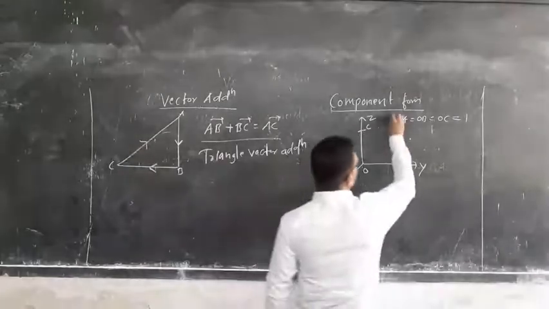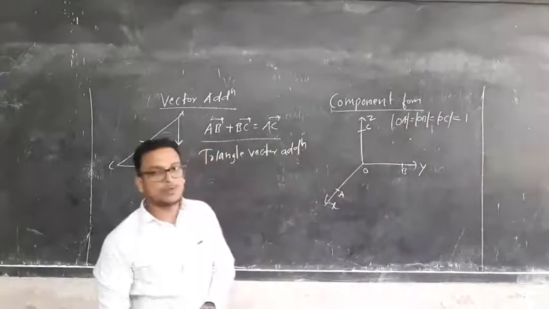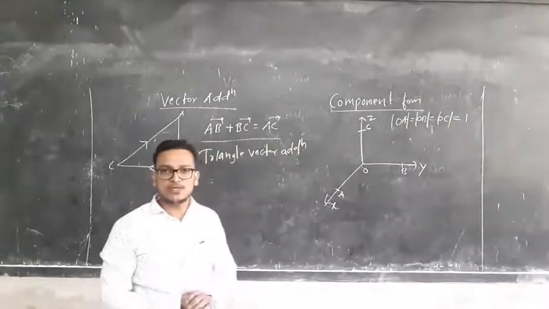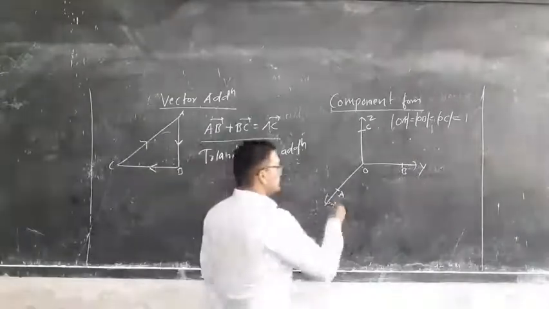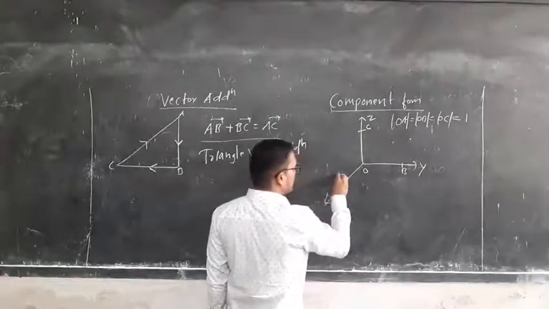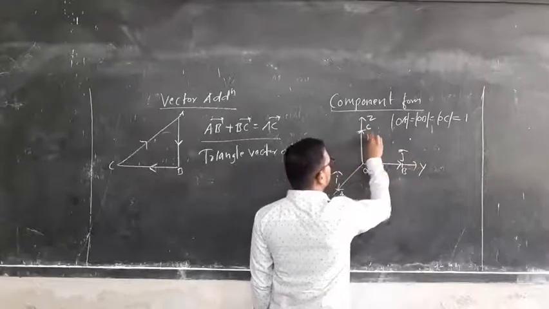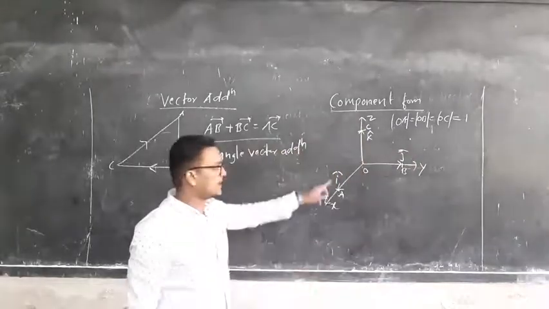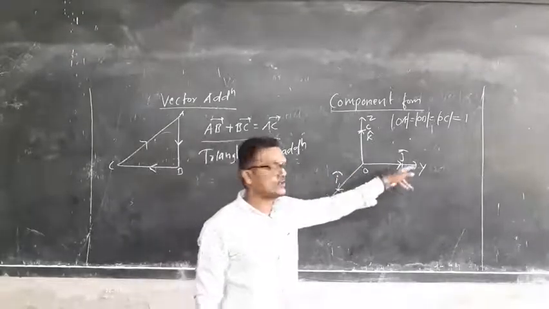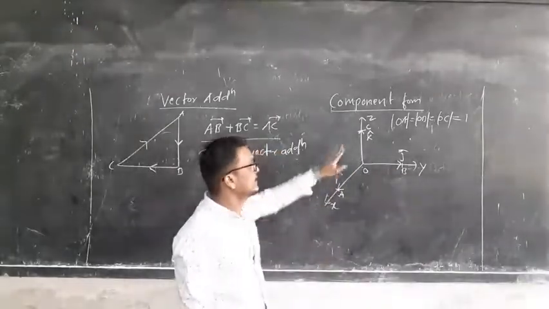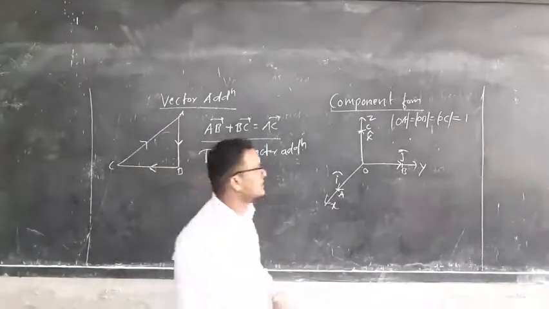So if the magnitude is 1, then those vectors OA, OB and OC are called unit vectors. Those unit vectors we denote by i cap, j cap and k cap. The i cap is along the positive direction of the x-axis, j cap along the positive direction of the y-axis, and k cap along the positive direction of the z-axis.